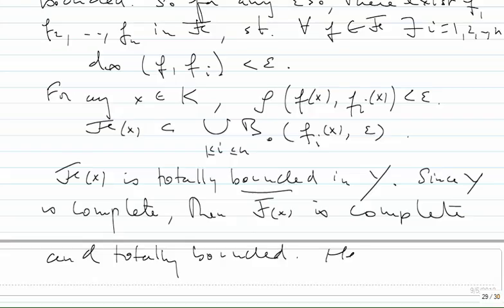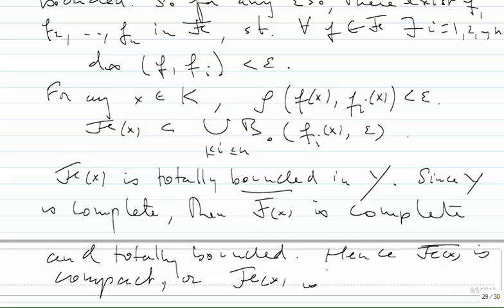Hence it is compact, or f of x is relatively compact. Okay, so one part is done.